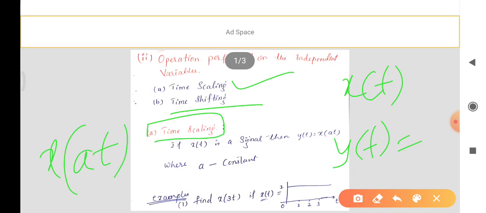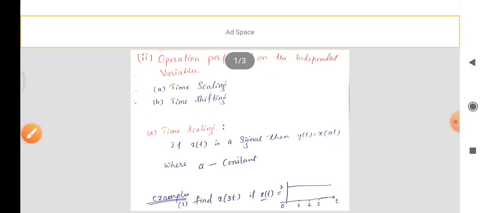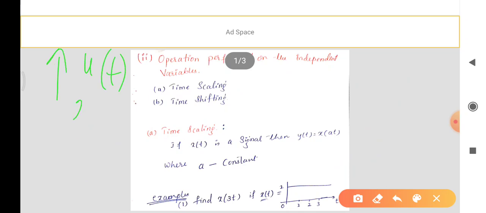I hope you got the difference between time scaling and amplitude scaling. Amplitude scaling was with respect to the y-axis: if u of t or x of t is a signal, it is multiplied by some magnitude, say phi x of t. There t was not varying, so it was not the x-axis.